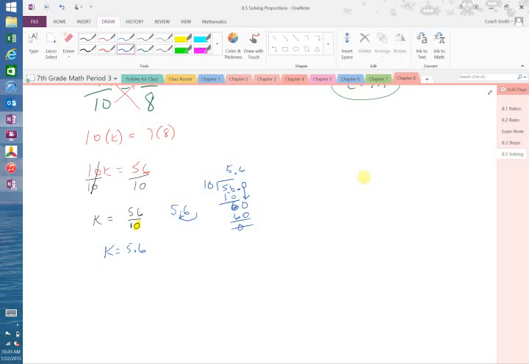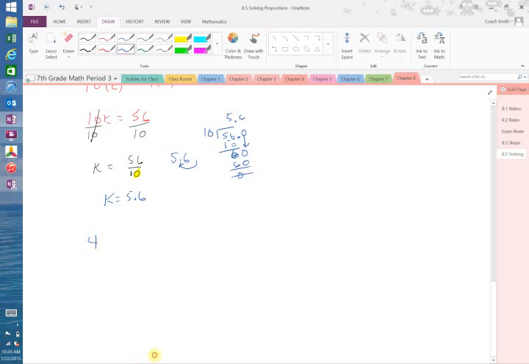So your first ratio then is 42 megabits in 5 minutes. Now, that could be switched. It could be 5 minutes over 42 megabytes. Either way is correct.